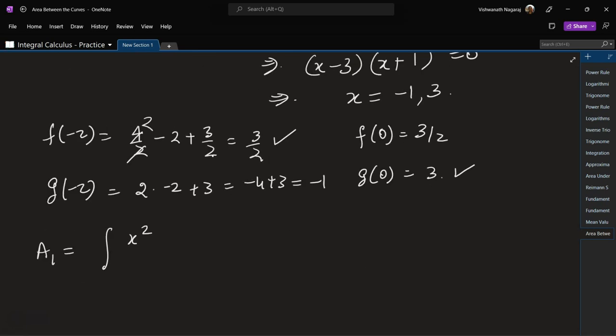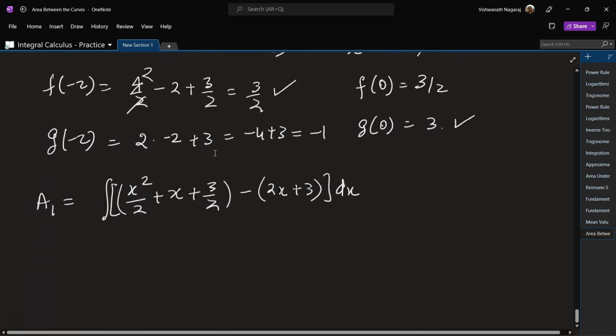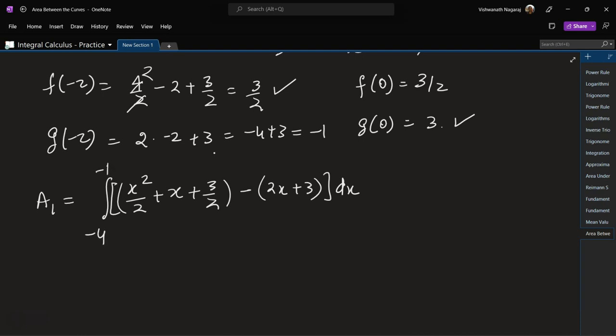So x square by 2 plus x plus 3 by 2 minus, from this we have to subtract the area under the curve of the second one. So that is going to be 2x plus 3 dx, from minus 4 to minus 1. And to this we have to add the area after the intersection.